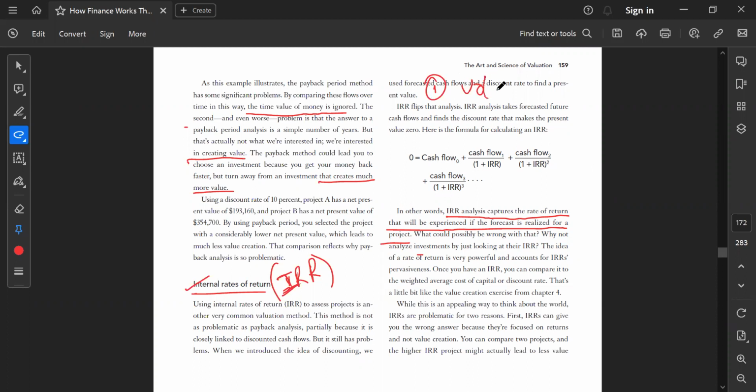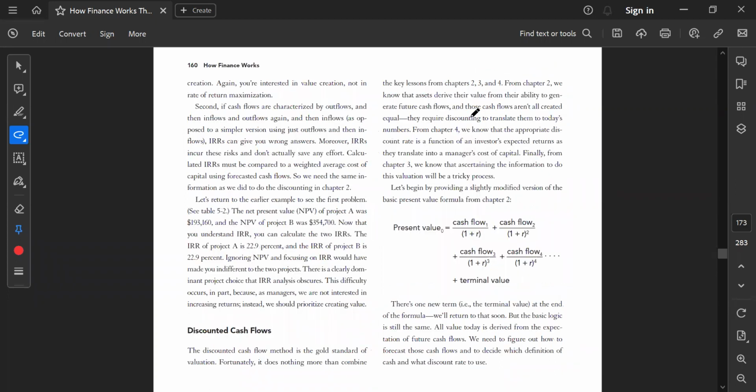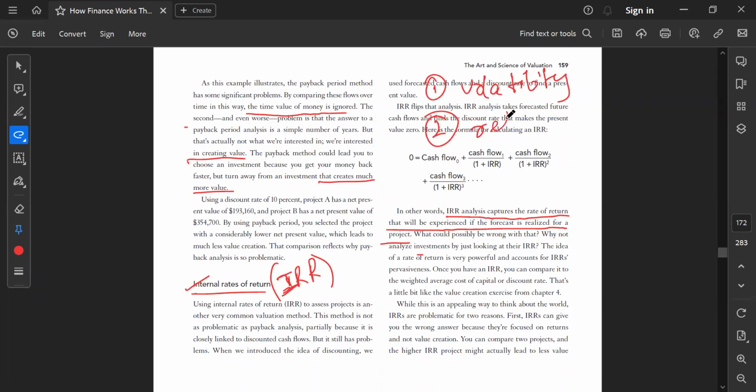First is volatility. Second is that it again focuses on return maximization.